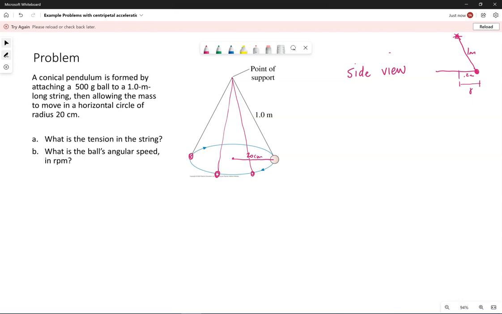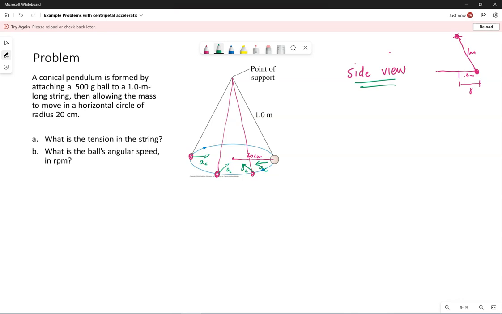We know there's an acceleration that points towards the center of the circle. Depending upon where the ball is, the direction towards the center of the circle varies. In my side view picture, I'm choosing the moment in time when the ball is at the far right.